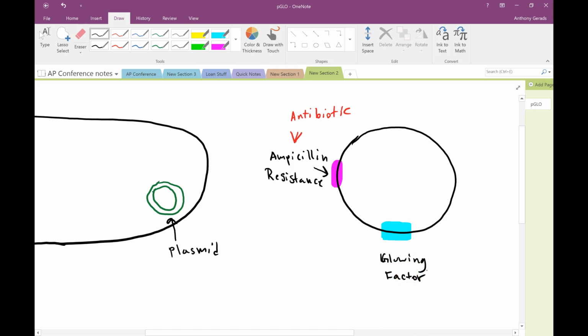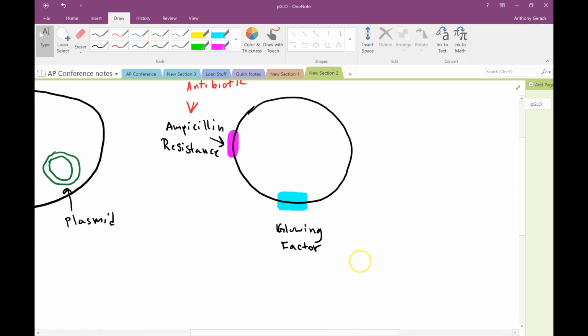Okay, this glowing factor. But there's something special about this glowing factor. It must be activated.